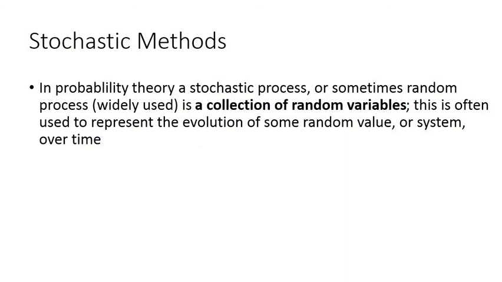Right, so the stochastic methods. In probability theory, a stochastic process, or sometimes called a random process, is a collection of random variables, and this is often used to represent the evolution of some random values or systems over time. So a stochastic method is a collection of random variables.